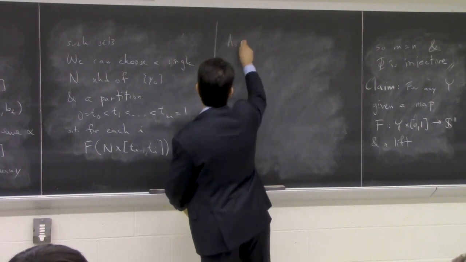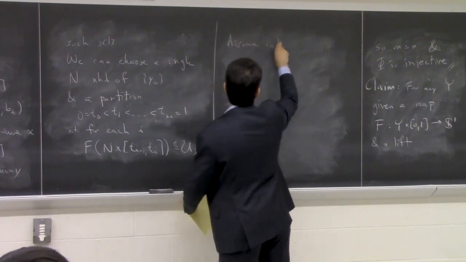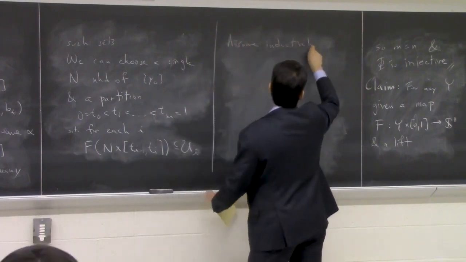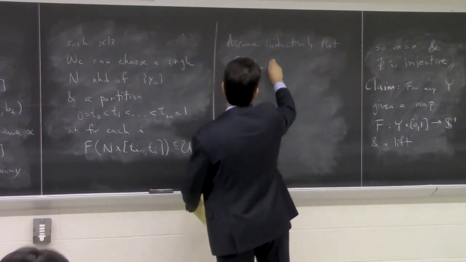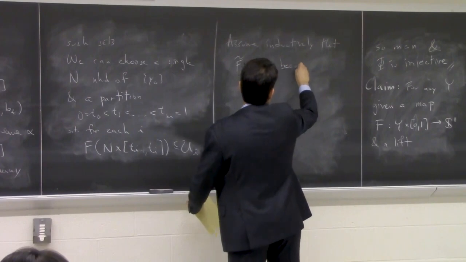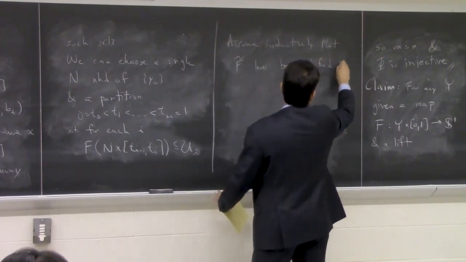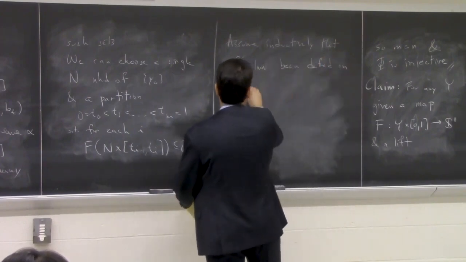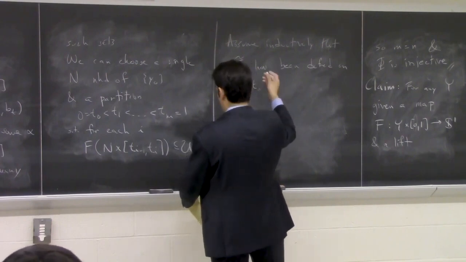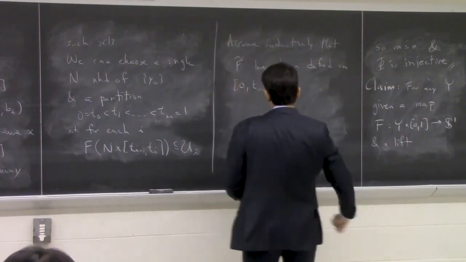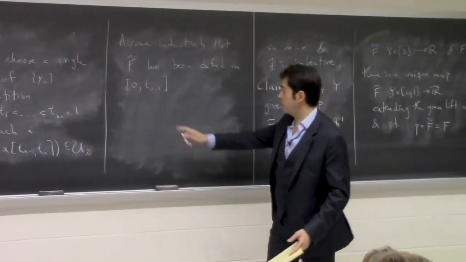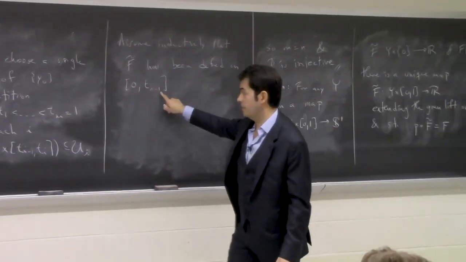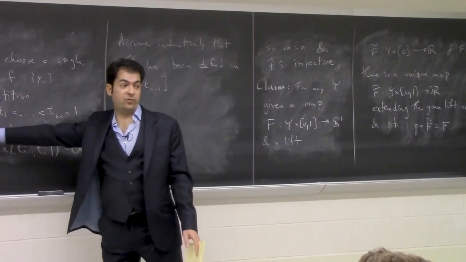Okay, so assume inductively that f tilde has been defined all the way to t_{i-1}. Right, so initially, of course, take t_{i-1} to be t0, so just 0.